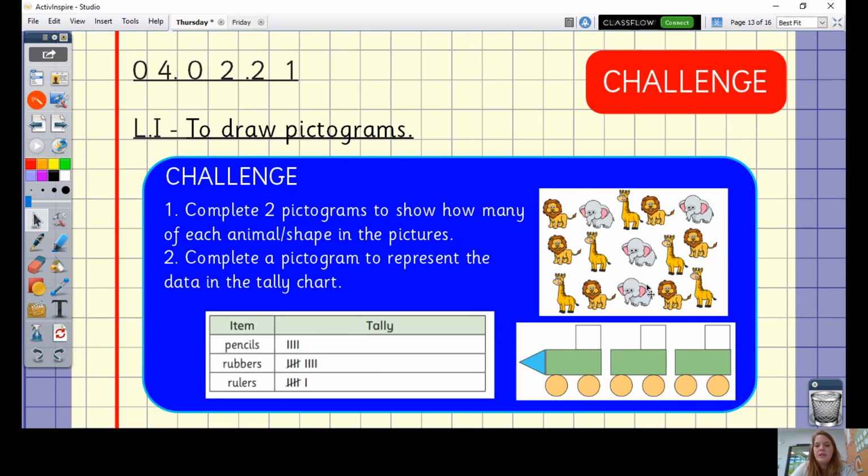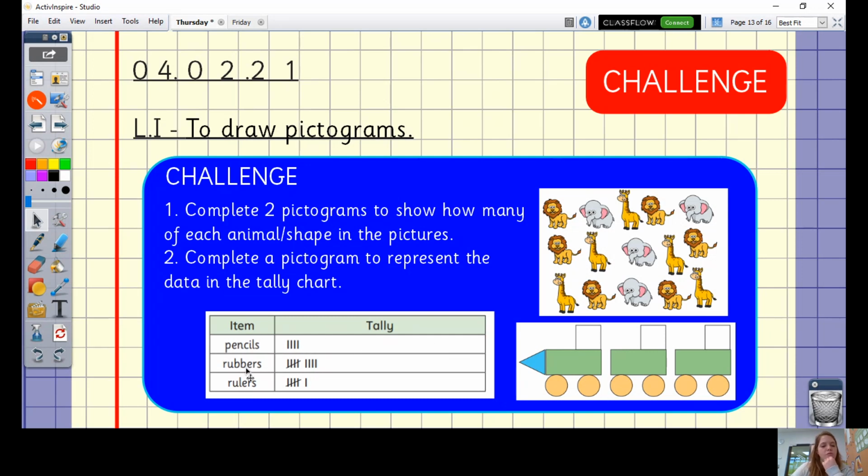So all the pictogram needs to have in it is, for example, the one to represent the tally chart, needs to have a column that says item, and then pencils, rubbers, rulers, and then the middle column, which will be your pictures, and then the final column, which will say total. Remember, you need to choose a symbol to represent each of these.